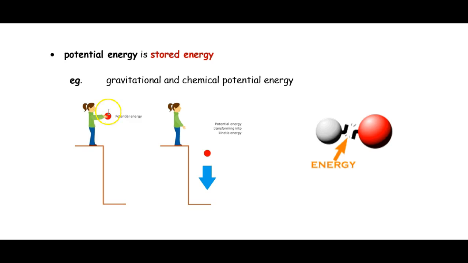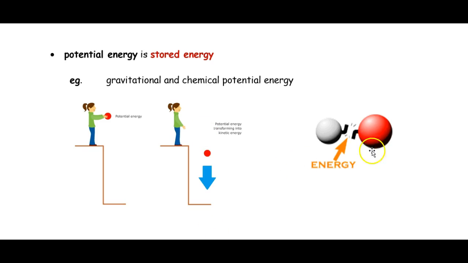Well, this ball has the potential to fall due to gravity. But at the time when I'm holding it, it's not doing anything. It just has the potential to fall. As soon as I release that ball, however, it's losing potential energy, and that potential energy is being transformed into kinetic energy as it's moving.